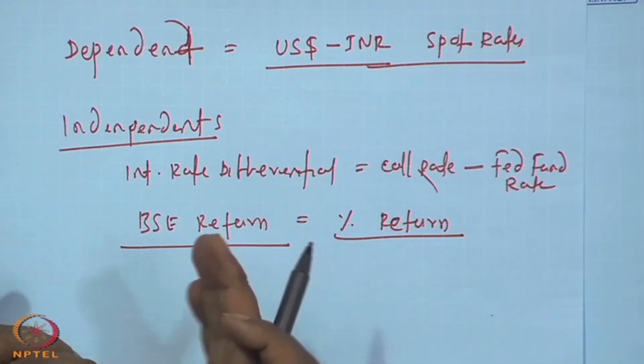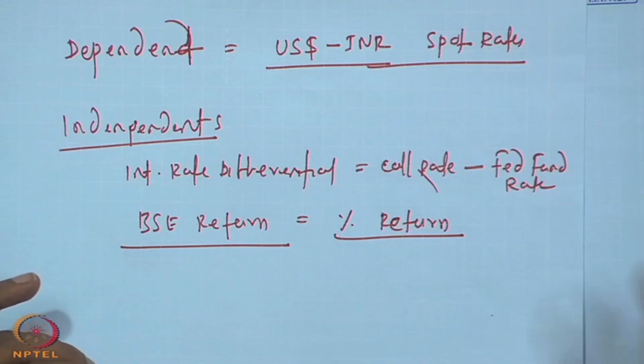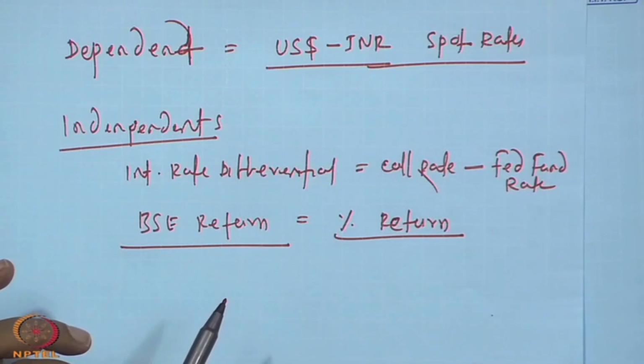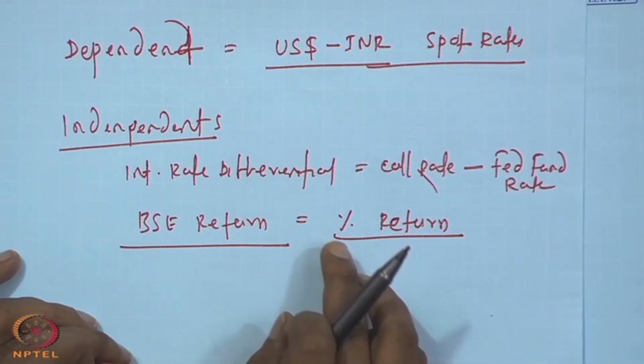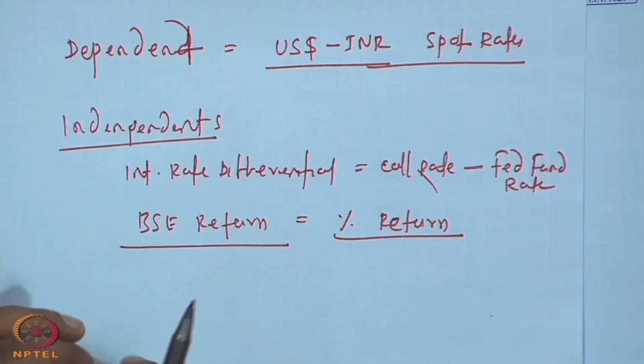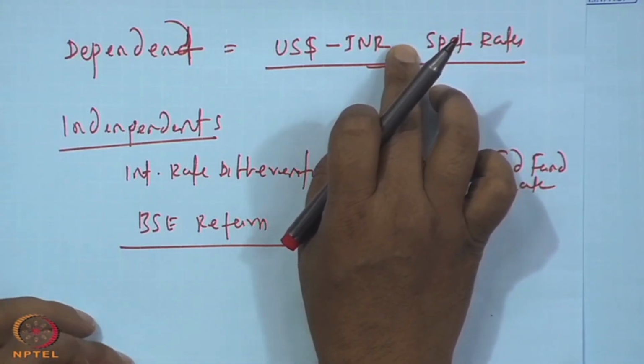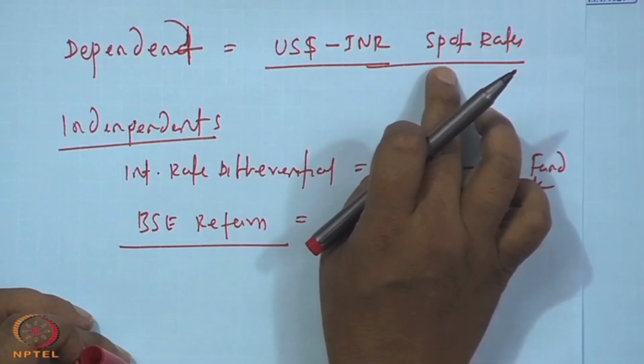Because when the return is high in the Bombay Stock Exchange, more FI will come to India. They will invest in the stock market to get good returns, and when more FI come, the rupee will appreciate. This also influences the dependent variable, which is the spot rate.